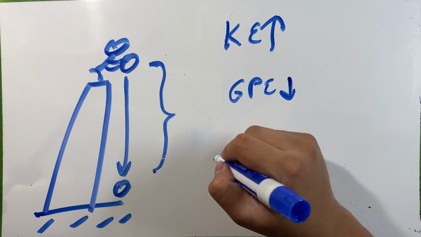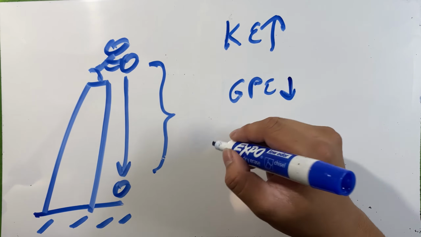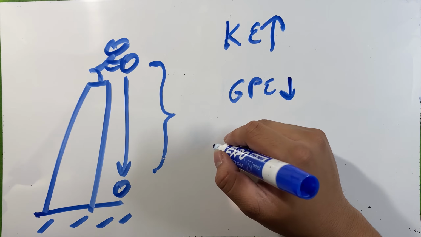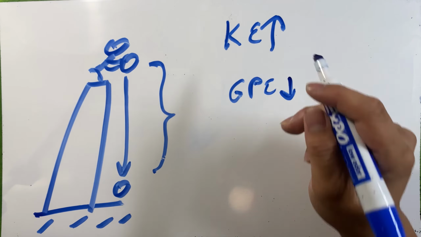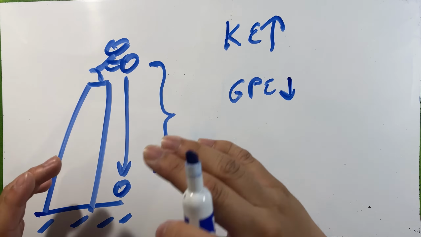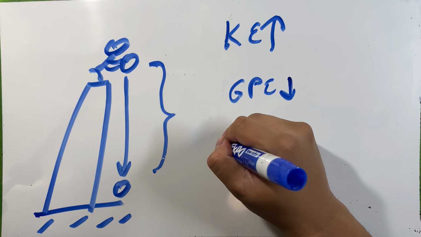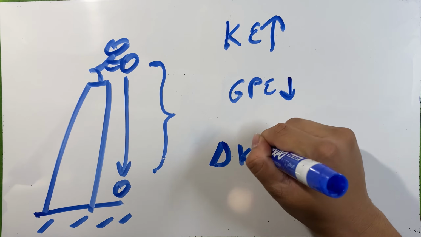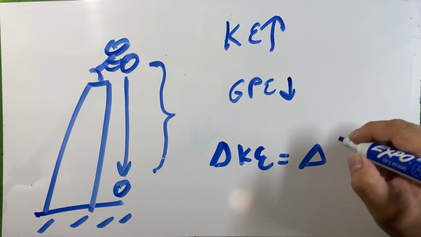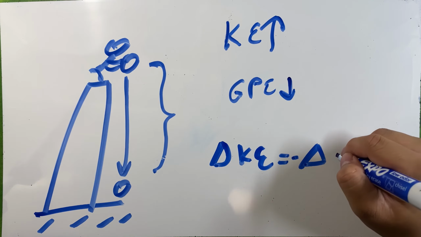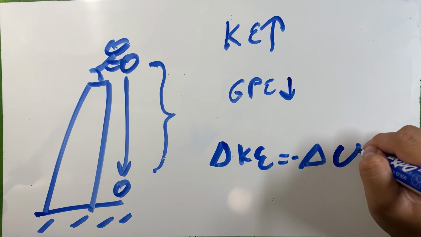So from this, we can really just see that in a system where energy is always maintained and matter is always contained in an isolated system, the change in kinetic energy is going to be the negative change in the potential energy.